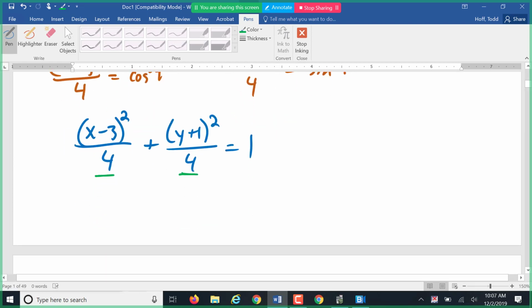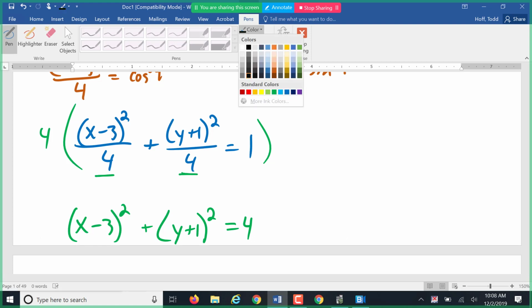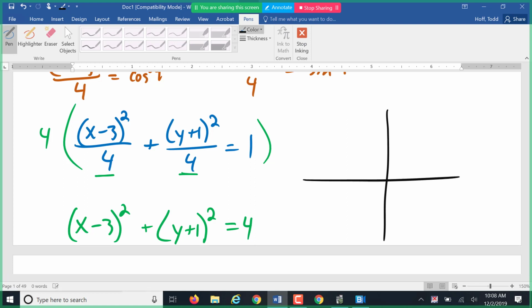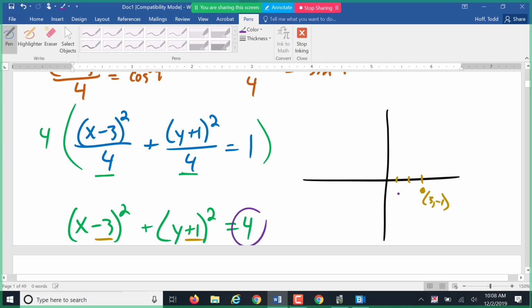So if I multiply by 4 all the way through here, I get the equation x minus 3 squared plus y plus 1 squared equals 4. So it's telling us that is a circle with its center at 3, negative 1, so right there, and a radius, r squared here is 4, so r is 2.